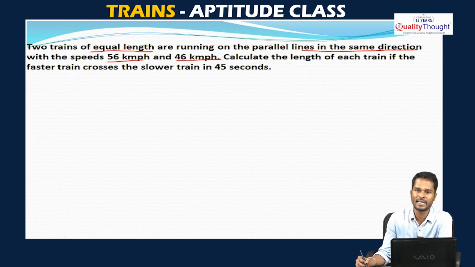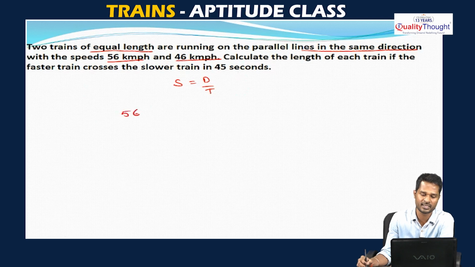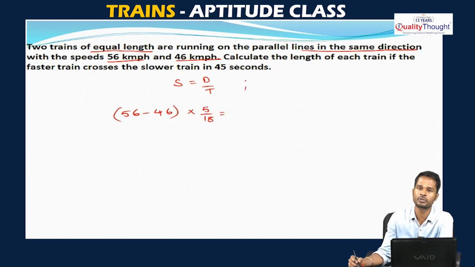So as per the relative speed, S is equal to d by t. The relative speed, when they are moving in the same direction, should be subtracted. That means 56 minus 46, multiplied as usual with 5 by 18, is equal to distance. The distance is the length of the two trains, which are equal.